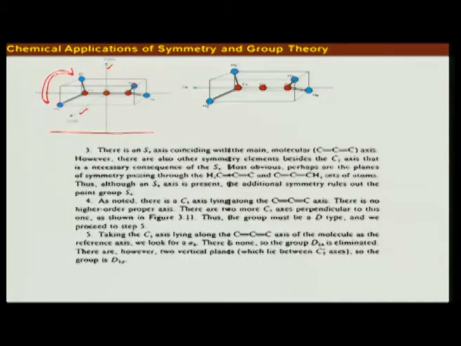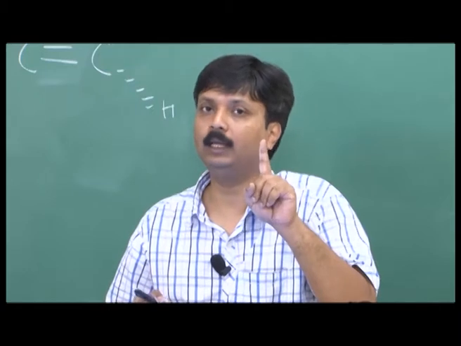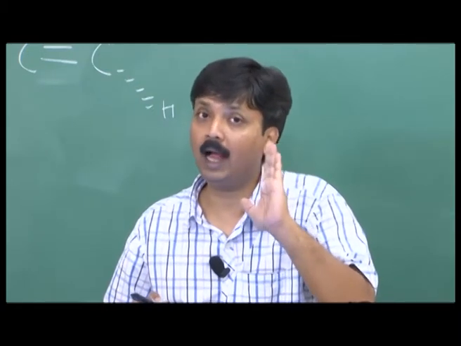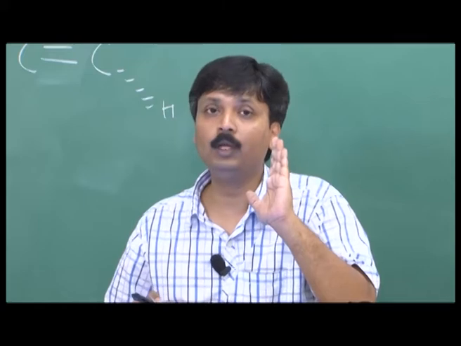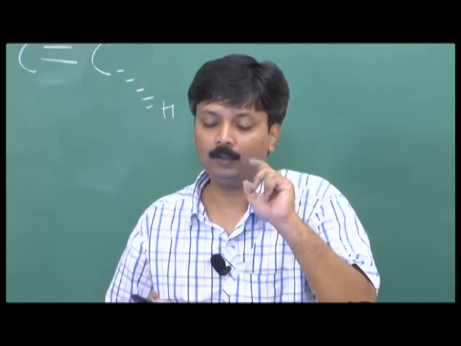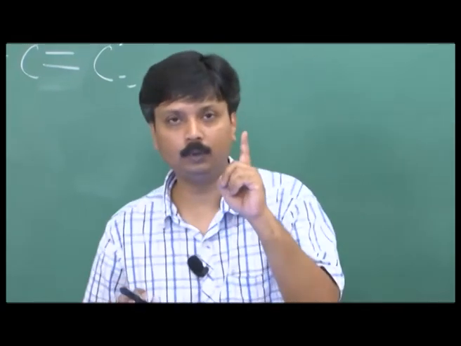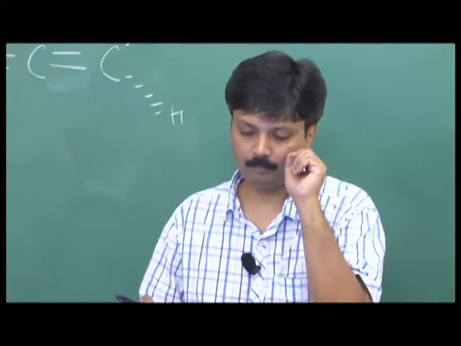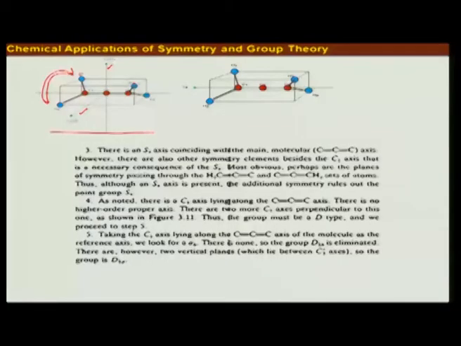Two C2s are perpendicular to one C2, and n is not greater than 2, n equals 2. So this doesn't belong to that particular category, and it will not go to a special category. Rather, we choose one particular C2 as the principal axis of symmetry. So I get one C2 and then two perpendicular C2s to this. This is quite sufficient to move to the next step and find out its point group.